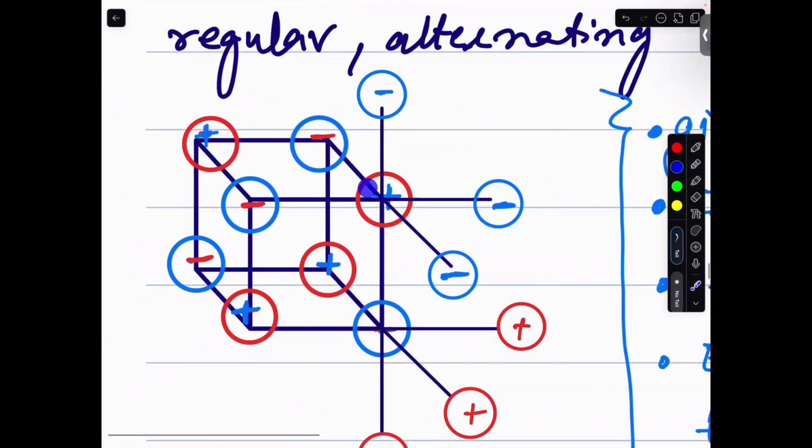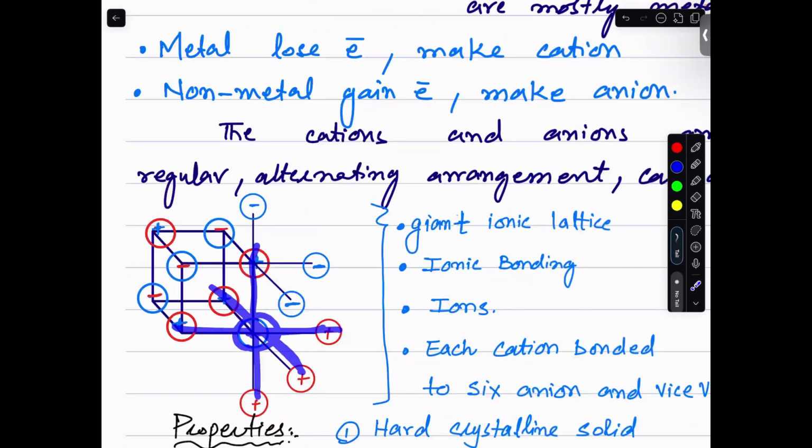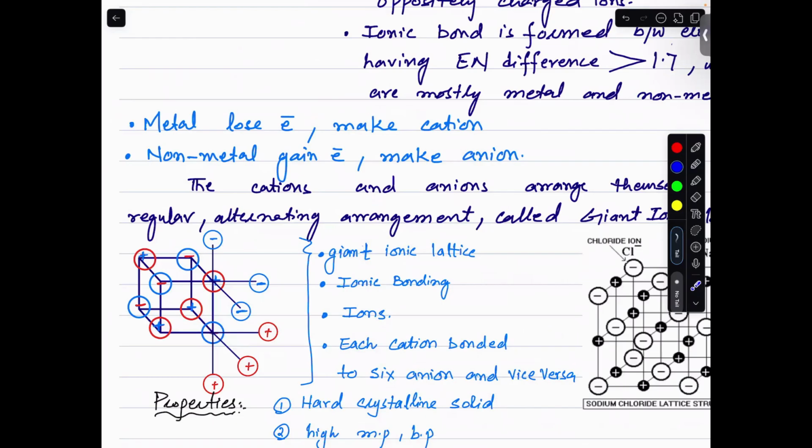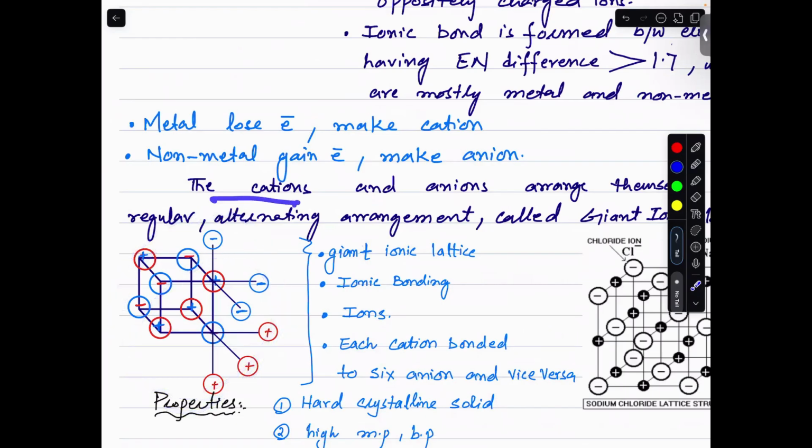Cation bonded to 1, 2, 3, 4, 5, 6, and each anion 1, 2, 3, 4, 5, 6. This is called coordination number. It's a giant ionic lattice. The cations and anions arrange themselves in a regular alternating arrangement. The ions are regularly arranged. Each cation is bonded to 6 anions and each anion to 6 cations.